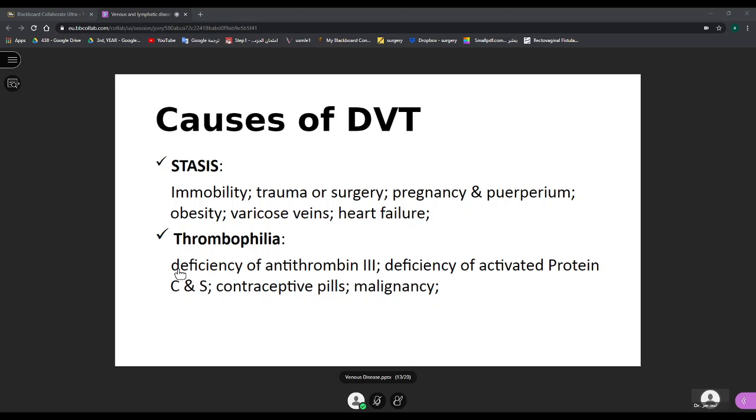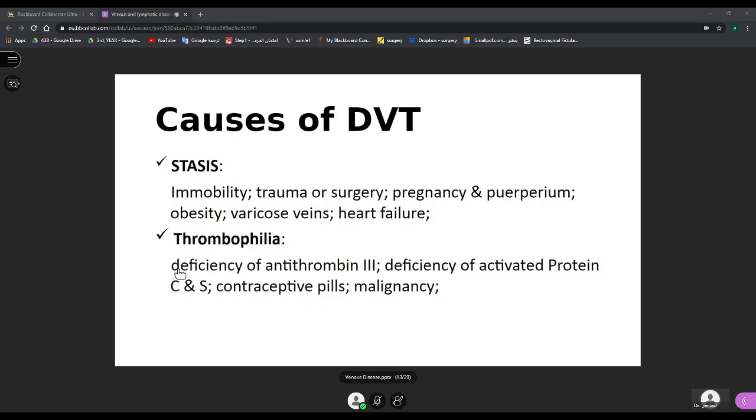Pregnancy, because of the gravid uterus. The gravid uterus will impede or disturb the normal blood flow from the lower limbs toward the heart. It will press at the level of the pelvis on the major veins draining the lower limbs, and this can result into stasis in the lower limbs.